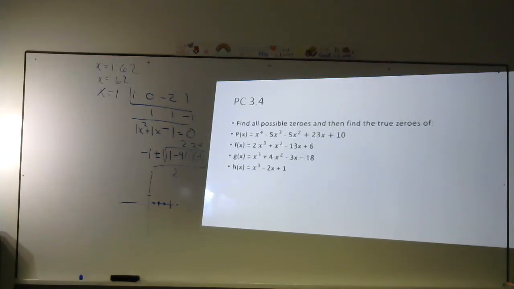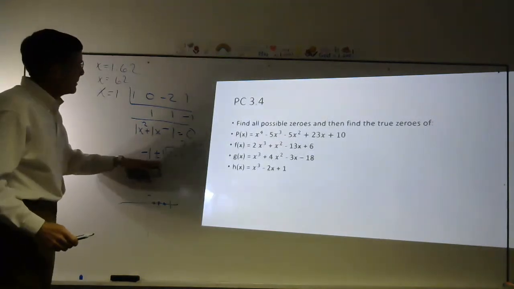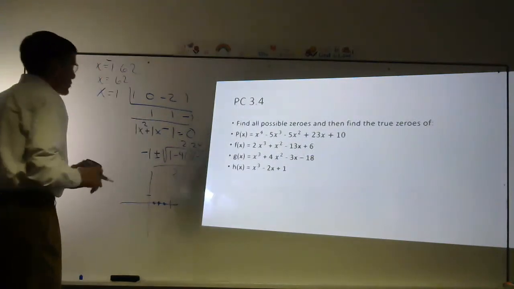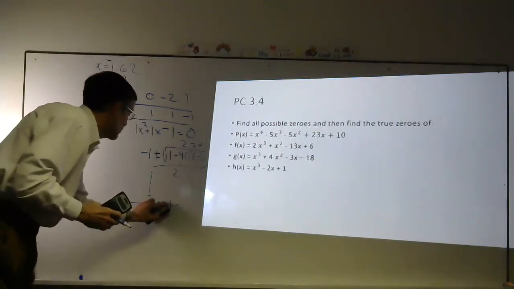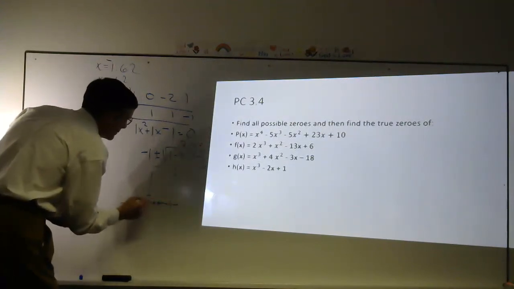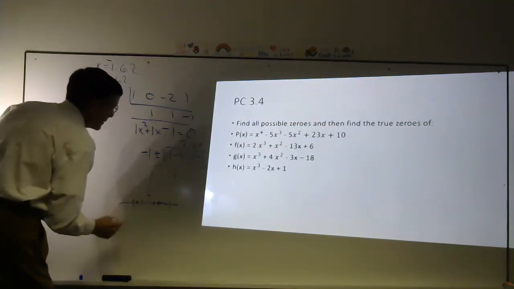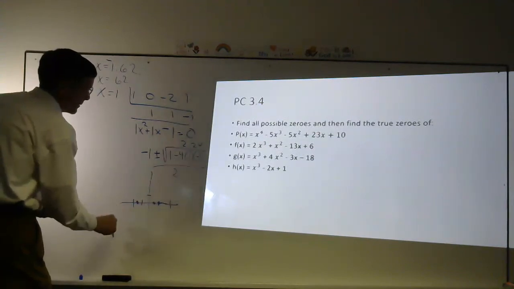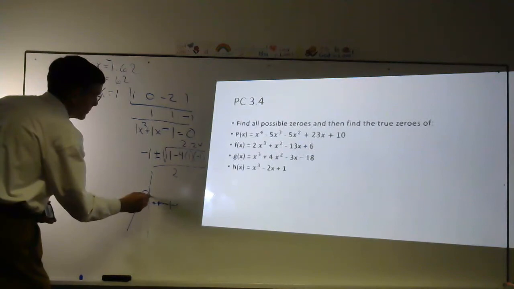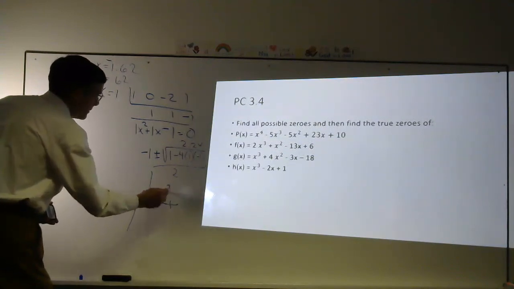I realized I have a slight error here. When I did the second one, -1 minus 2.24 was a -3.24, so that should be -1.62. Sorry about that. So the -1.62 is down here, and behavior in a cubic, down on the left, up on the right, so it comes up through, it's here at 1, down through, and back up.